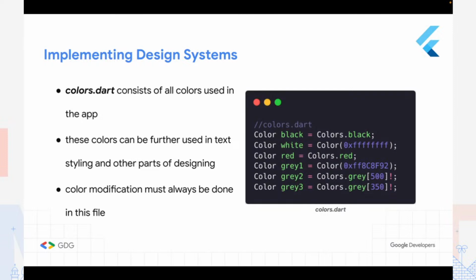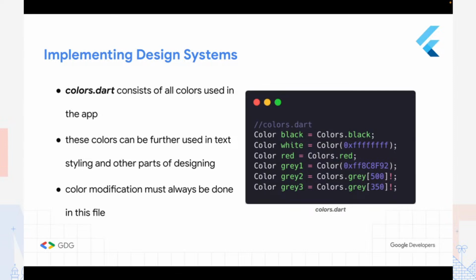So my colors.dart consists of all colors that I will be using in my app. Now, of course, it's going to be different for different applications for different people because this is just an example that I have taken. I have a black color, white color, red, and different shades of gray color. And gray 1, gray 2, gray 3 is only for my understanding.